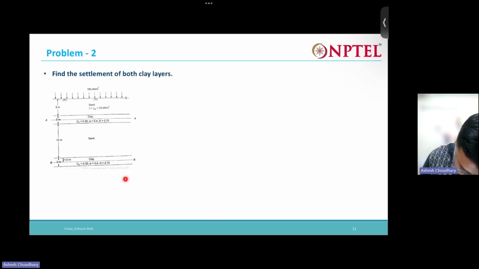So first let us do for layer A. Also one thing, you can see the water table is at the top, so all the layers are in a submerged condition. So first let us find out the submerged unit weight of these clays.